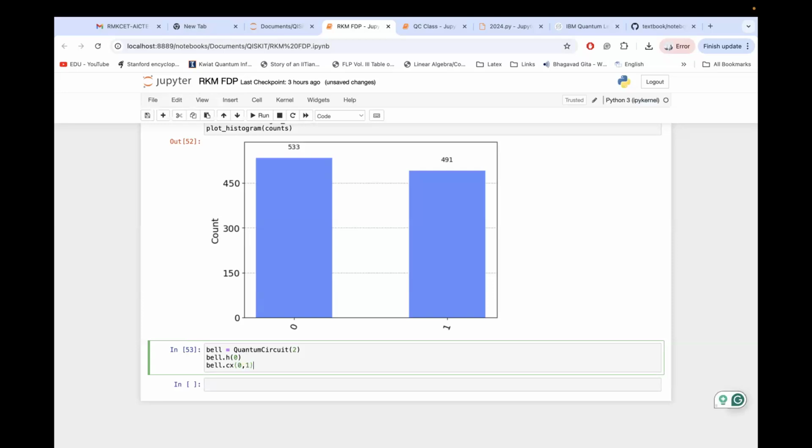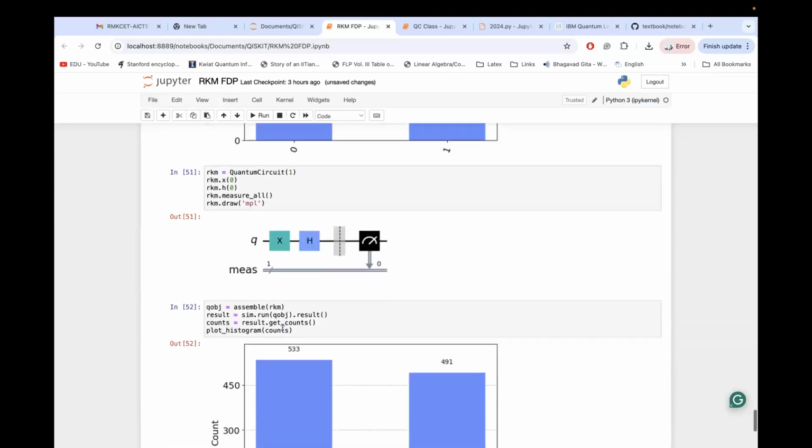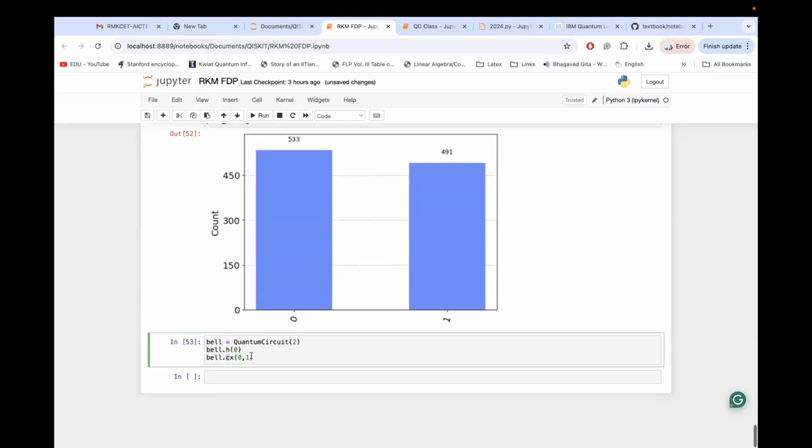That means it is going to apply Cx, which means controlled NOT operation. What is controlled NOT operation? Here we have witnessed what is NOT operation, that is X gate. When it is applied on the 0 state, the state will become 1. When it is applied on the 1 state, the state is going to become 0. So 0 is turned to 1, 1 is turned to 0. That is NOT operation. But this controlled NOT operation is very peculiar. I'll explain to you with the circuit.